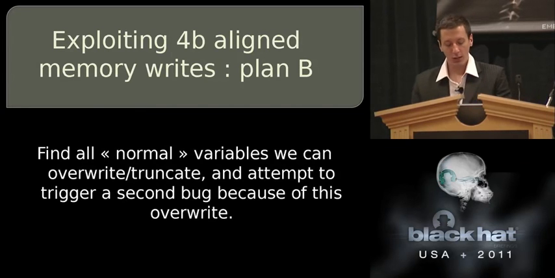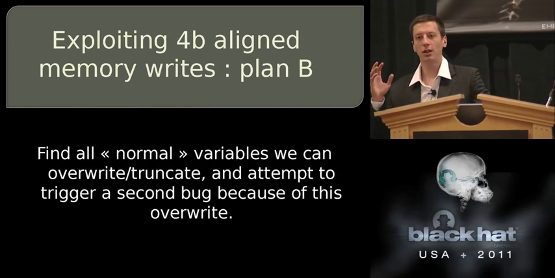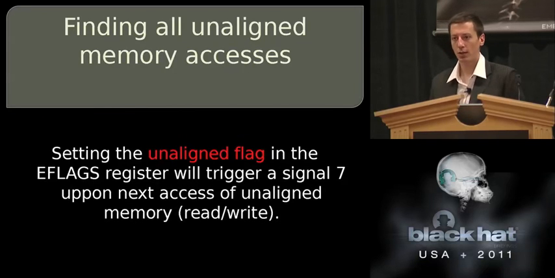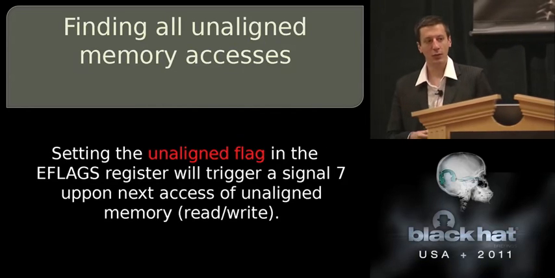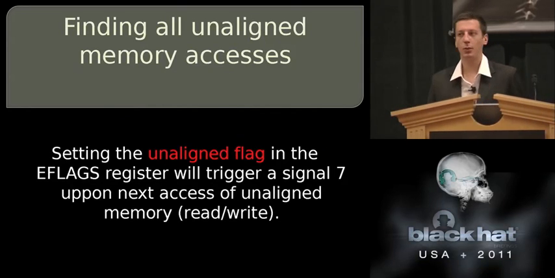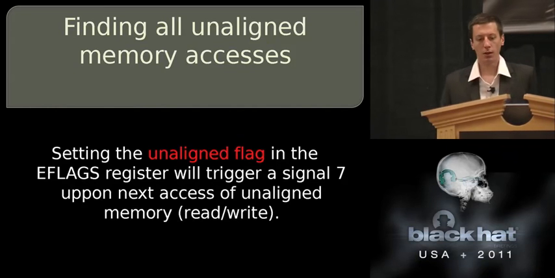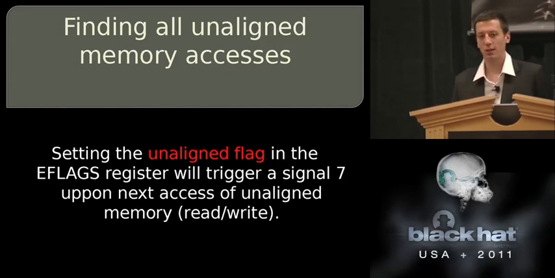Plan B is to check if the application is itself accessing unaligned memory. To do that, we set a special flag in the EFLAGS register. It's called the alignment check flag. Every time the application reads or writes unaligned memory, the debugger will receive a signal 7.